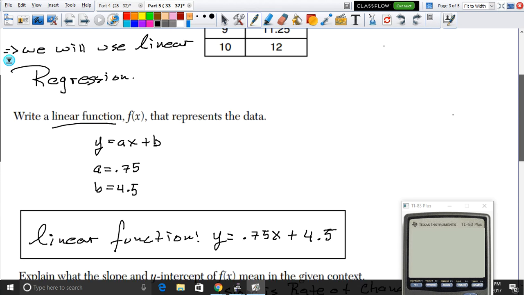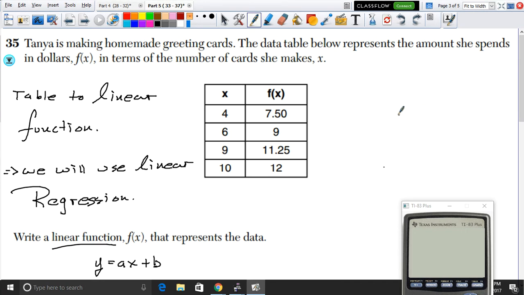Well, let's see, in our problem, what do you think is going to be changing here? Well, it says Tanya is making homemade greeting cards. The table below represents the amount she spends in dollars in terms of the number of cards that she makes. Okay, so if we look here, notice that something that is going to keep changing as time goes on is pretty much the amount she spends on each card that she makes here. So what is changing in this problem is going to be the amount spent for each card that she is making here.